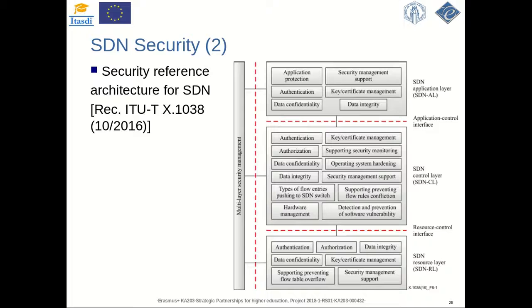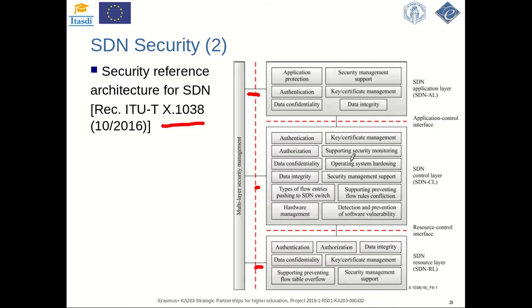The security is also defined by the ITU-T recommendation, and here we have the multi-layer security management. Again, we have a separation of three layers of security, as I said before. SDN application layer security is fulfilled with security management support, such as certificate management, data integrity and authentication, etc.